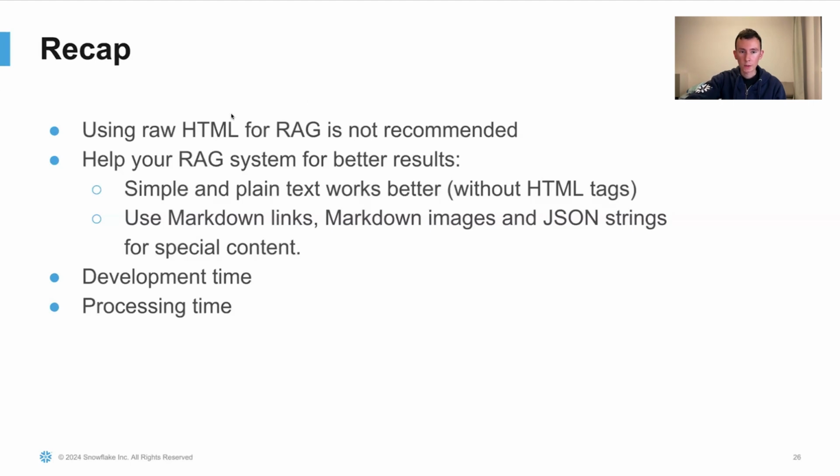What works best is very simple, plain text without any HTML tags, for example. LLMs are very good at understanding markdown links, markdown images, and also JSON strings. That's why I was using all these types of formatting to give the information to my LLM.